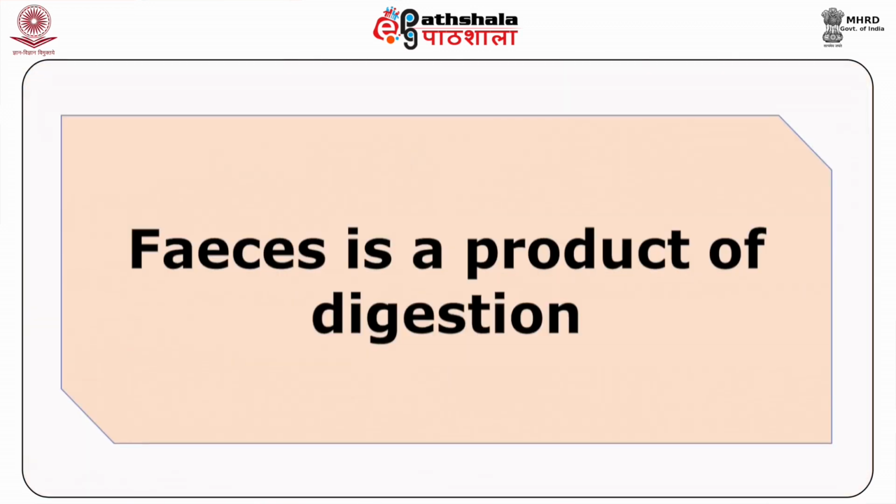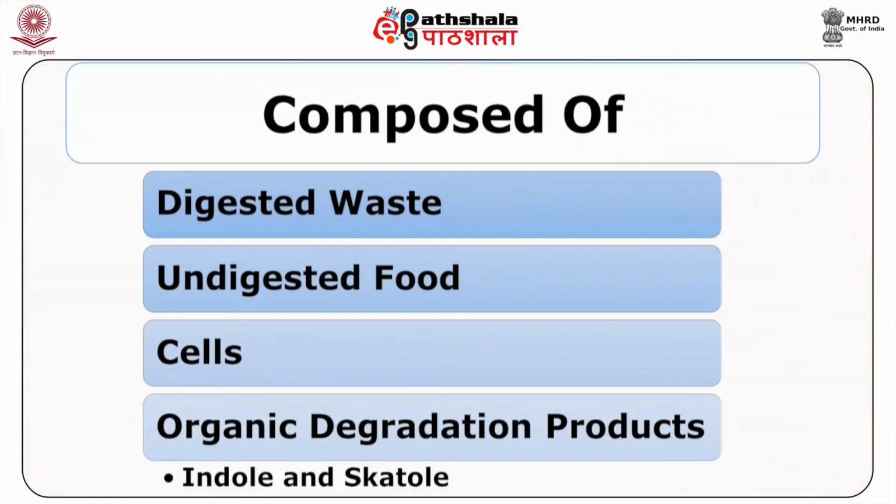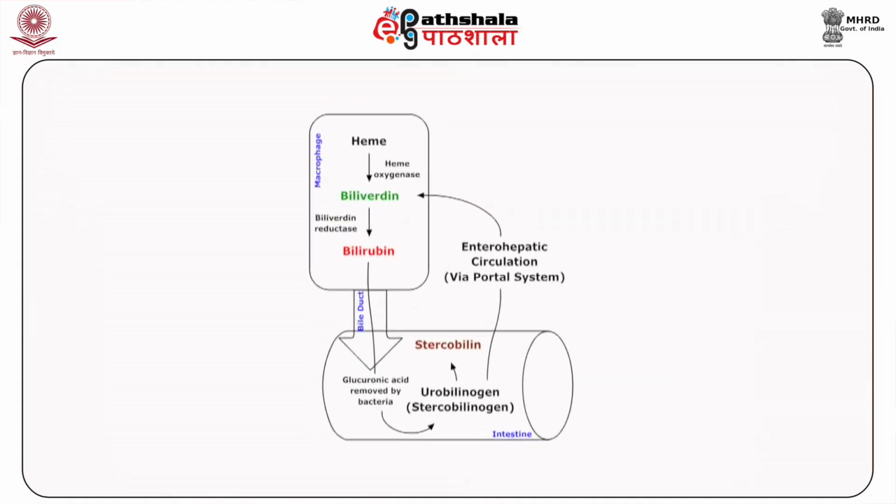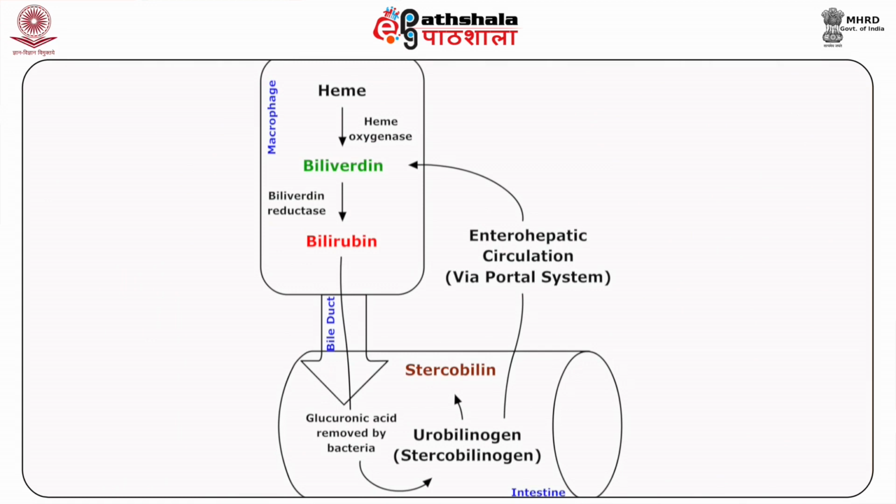Feces is a product of digestion. It is composed of digested waste, undigested food, cells, organic degradation products such as indole and skatole, etc. In addition, feces also contain urobilinogen, which is a colorless product of bilirubin reduction.